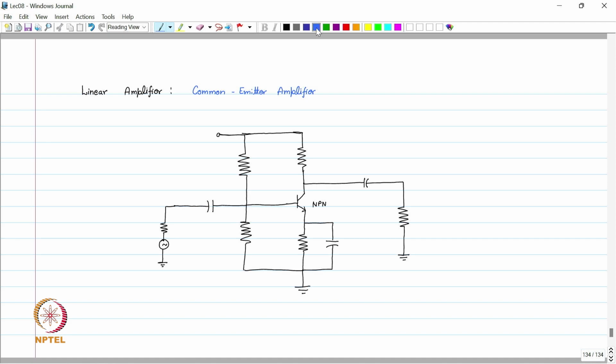So this is a simple configuration of an NPN amplifier, linear amplifier.